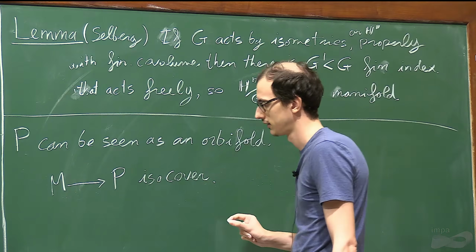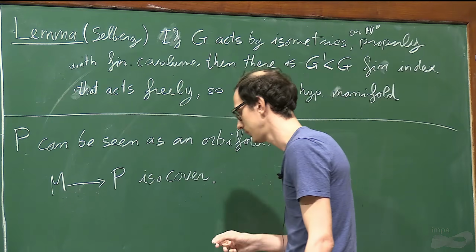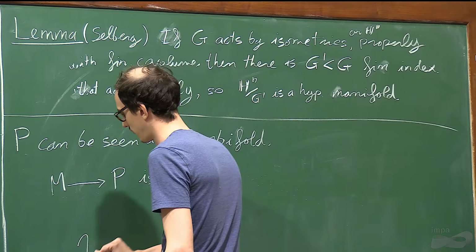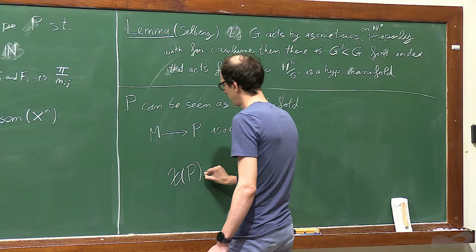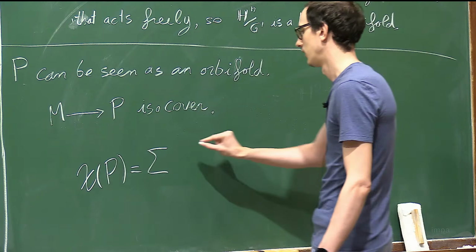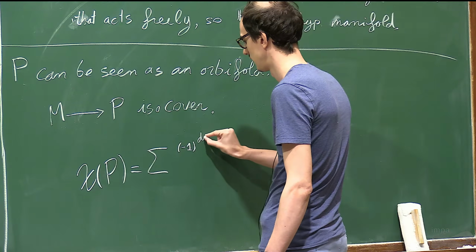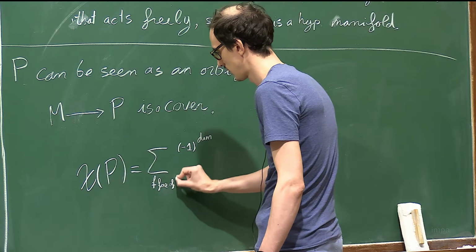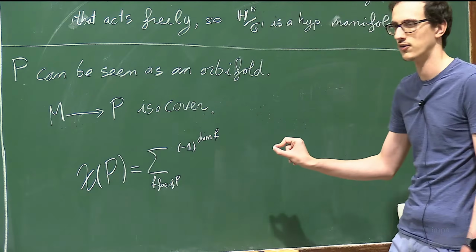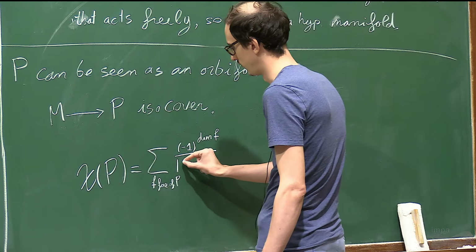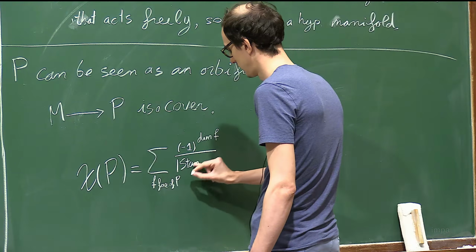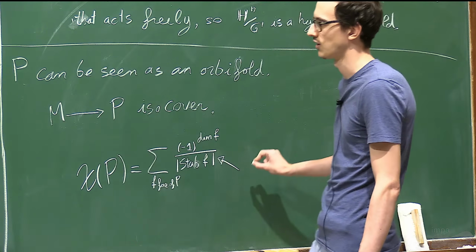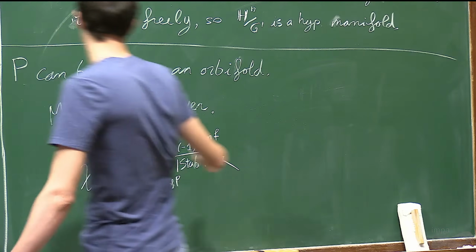There are many invariants that we can just compute for the polytope and then pass to the manifold M. For example, one could define the Euler characteristic for polytopes, which is going to be something like this: for every face, we do the alternating sum over the dimension, but we have to divide by the cardinality of the stabilizer of the face F by the action of the group G.